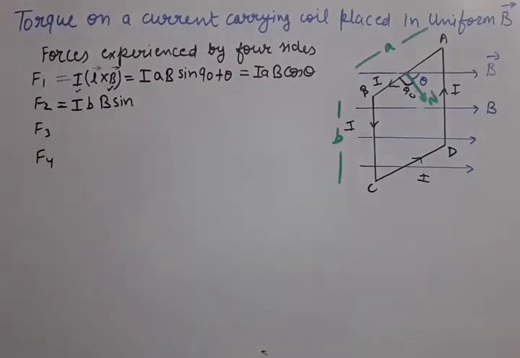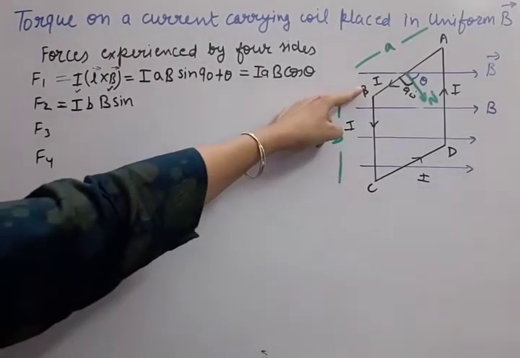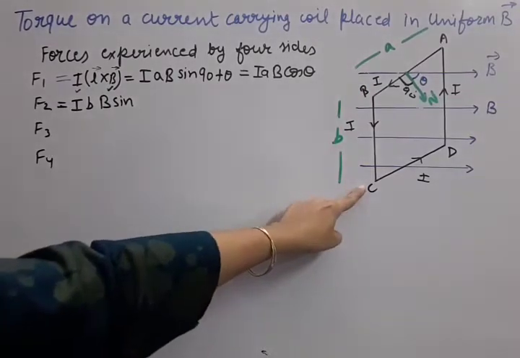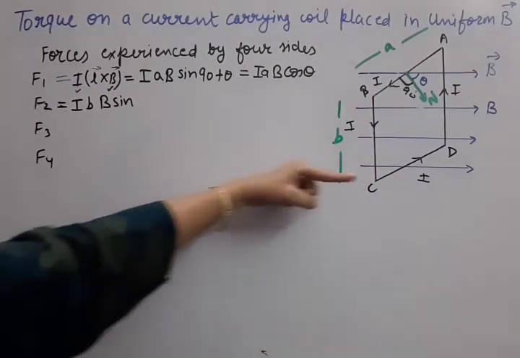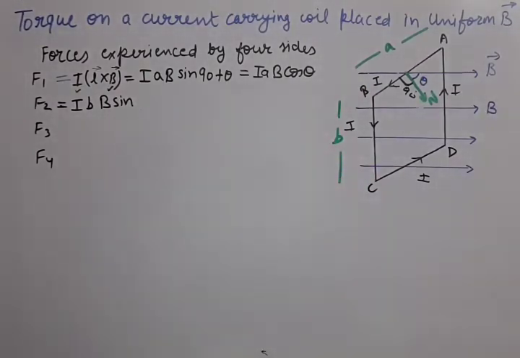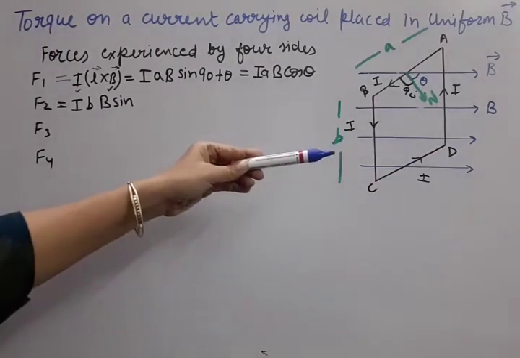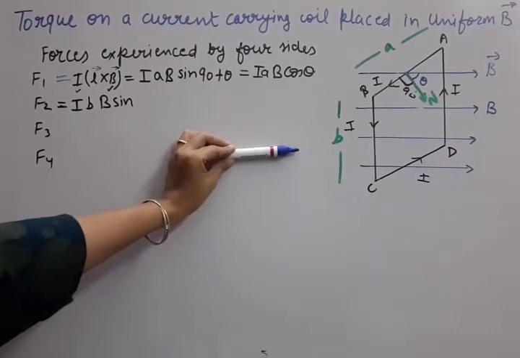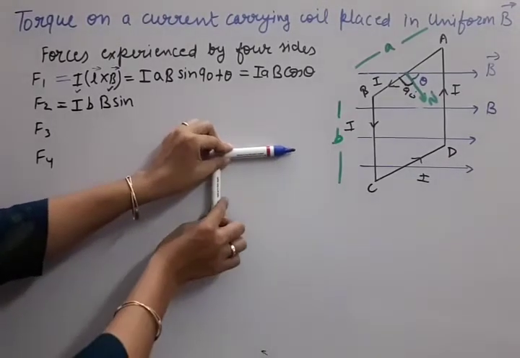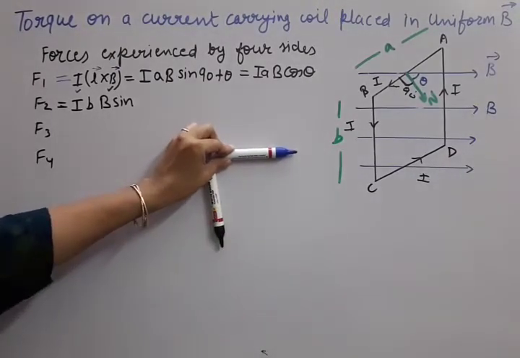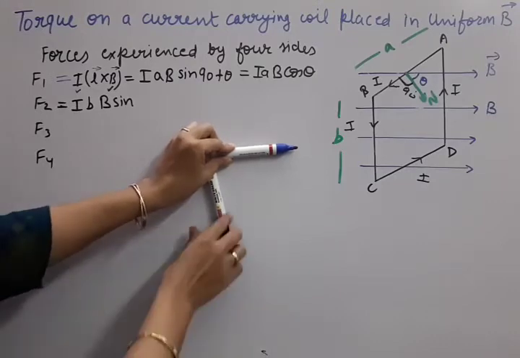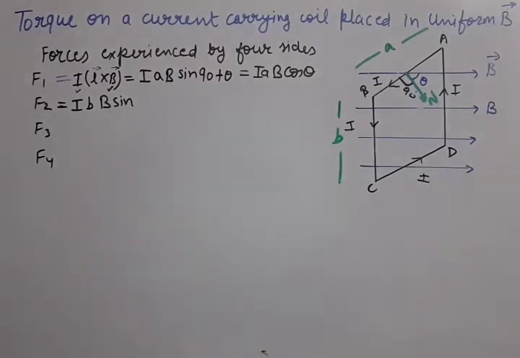So for solving the angle, again you need to see the orientation. See, the current is flowing straight downward and the magnetic field is horizontal. Magnetic field is like this. Magnetic field is parallel to the plane of the board and current is flowing downward. So the angle between current and magnetic field here is 90.